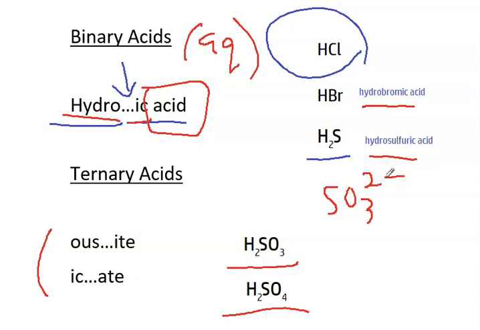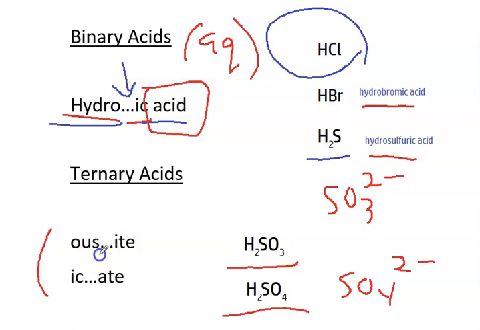But when you have hydrogen and sulfite, you have what's known as sulfurous acid. For sulfate, SO4 2 minus, now, of course, instead of it being sulfate with hydrogen, it's known as sulfuric acid.